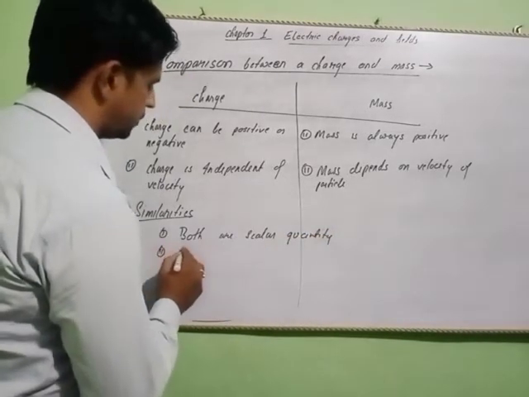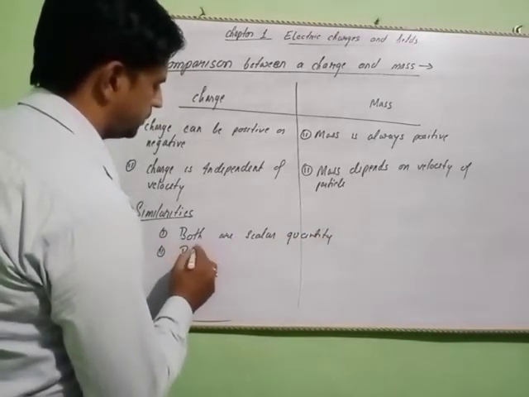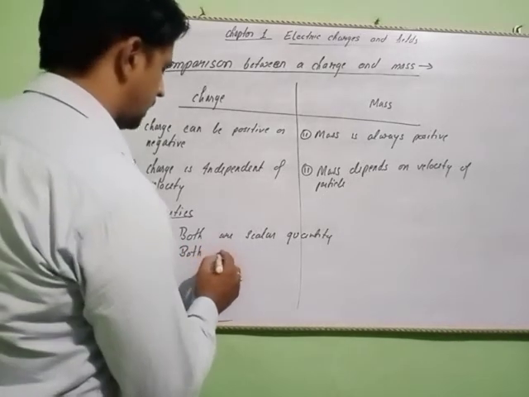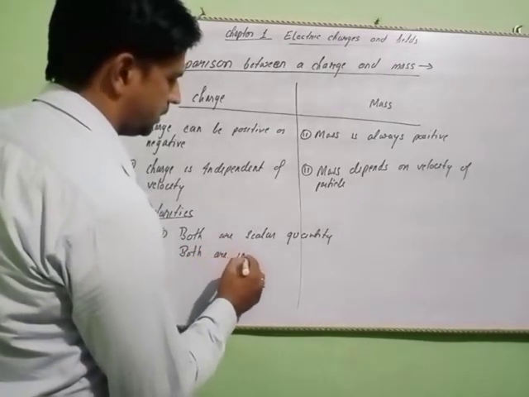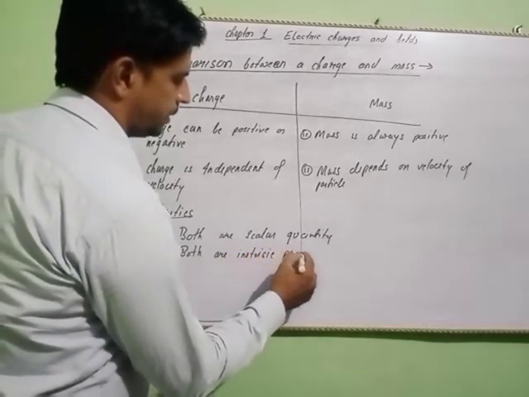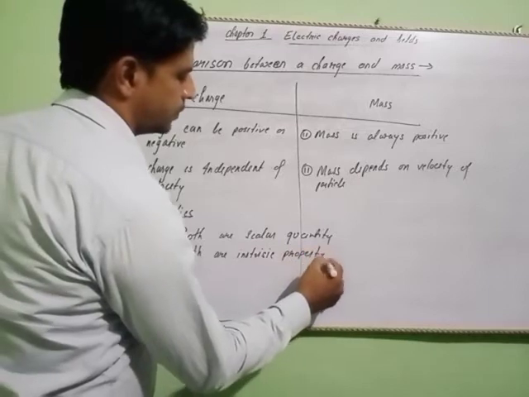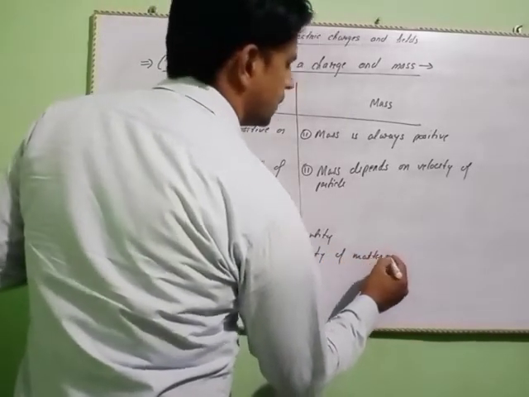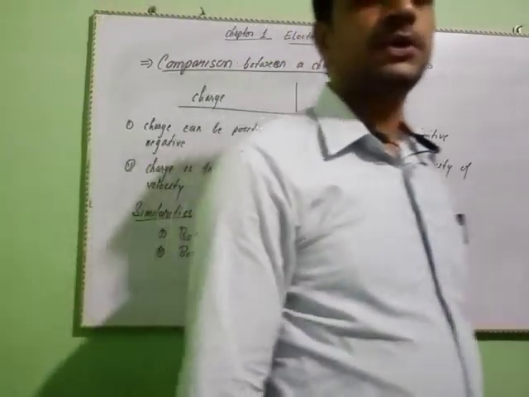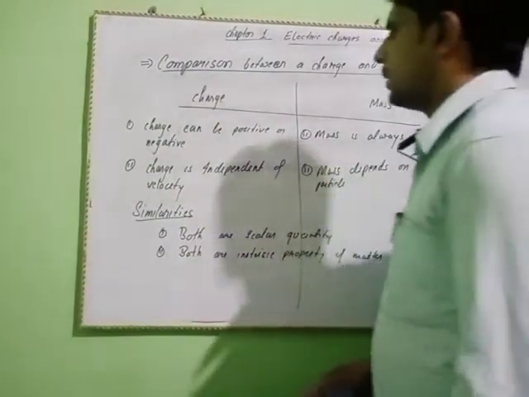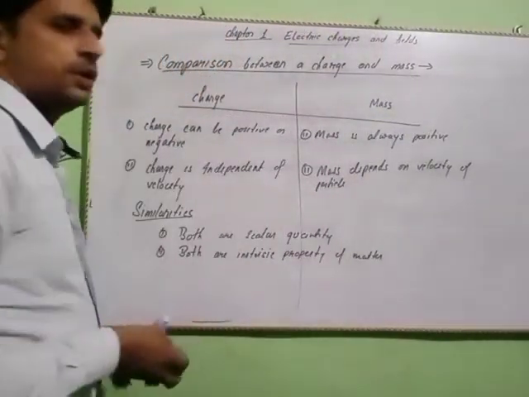Second, both are intrinsic properties of matter. So these are the similarities of charge and mass. You can pause the video and make a note of it. You have to write all these things in your fair note.